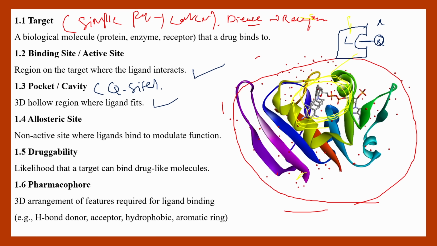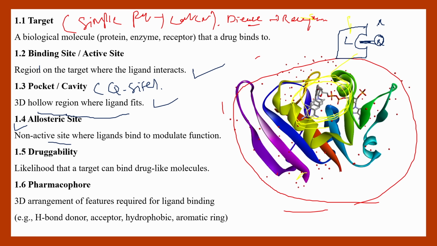This will be the interactive position and this is the pocket where the key is going to bind. It is a 3D hollow region. Remember the point, 3D. It is a 3D hollow region where the ligand molecule fits, that is called the pocket or cavity.